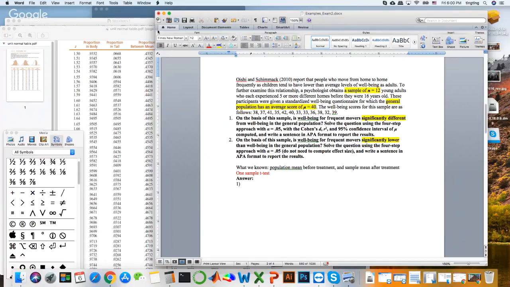Similarly, we need to perform a two-tailed test to solve question 1, and then a one-tailed test to solve question 2. That's it.